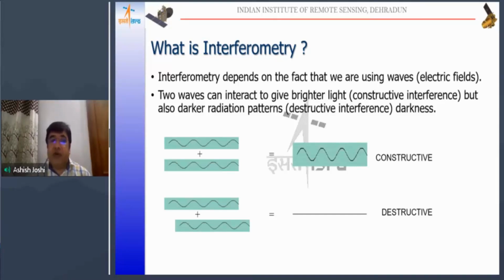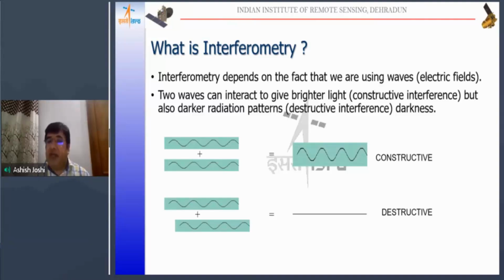Two waves can interact to give brighter light, which we call constructive interference, when they have the same phase. When they are out of phase, we have darker radiation patterns, which we call destructive interference.